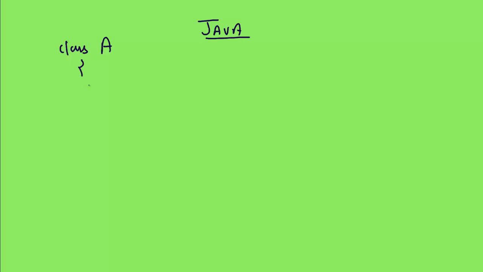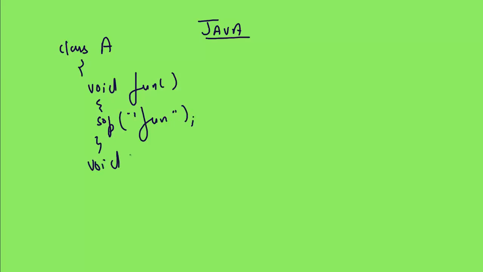So we'll start with a class A, which has a method fun. It has some content in it, it has the body basically. Void hello. Okay.